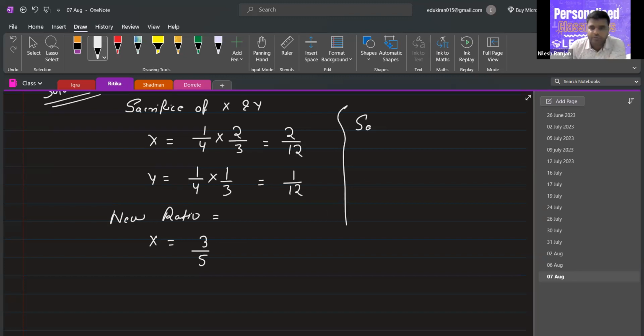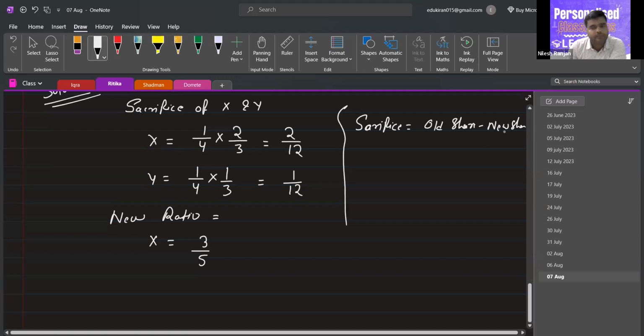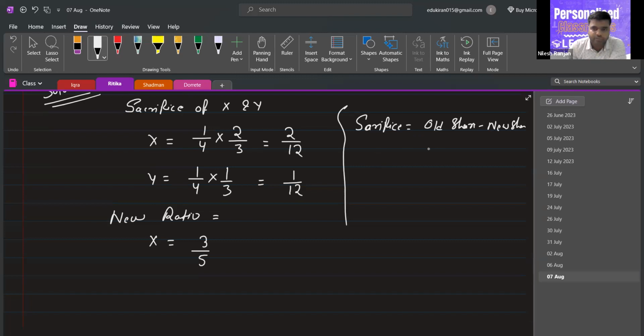Okay. What is the formula for sacrifice? Old profit ratio, old ratio minus new ratio. Yes, old share minus new share. Now you have to calculate the new share here.